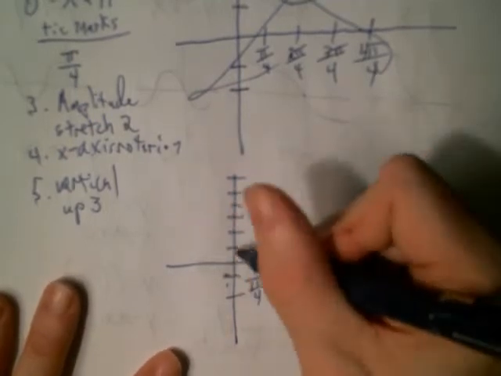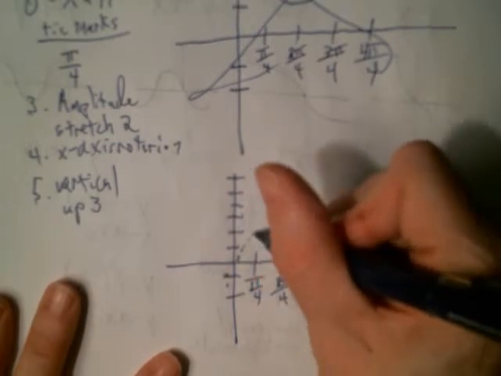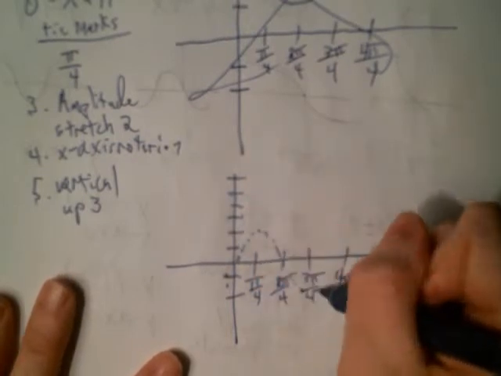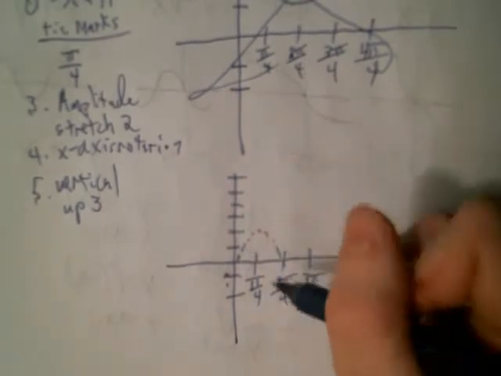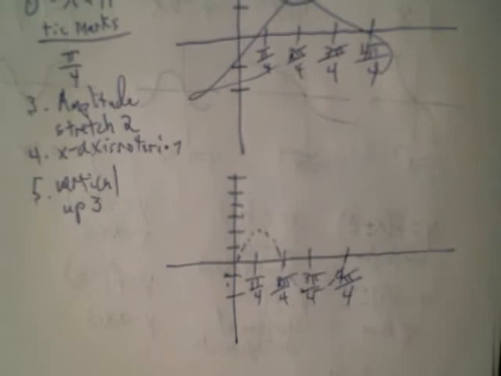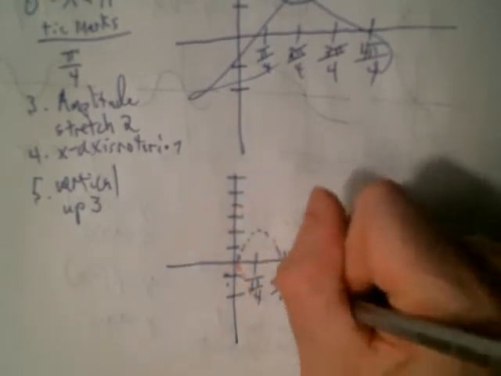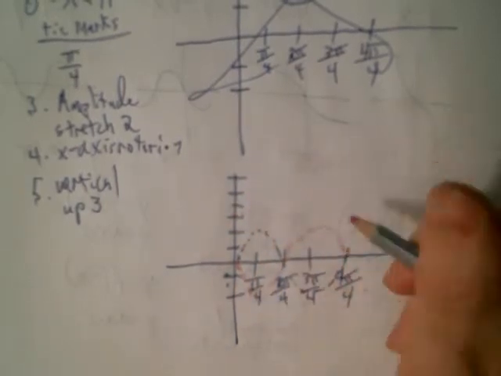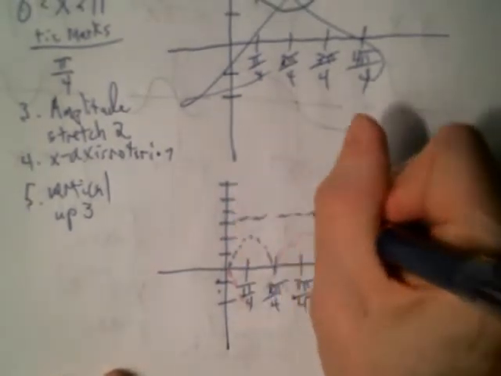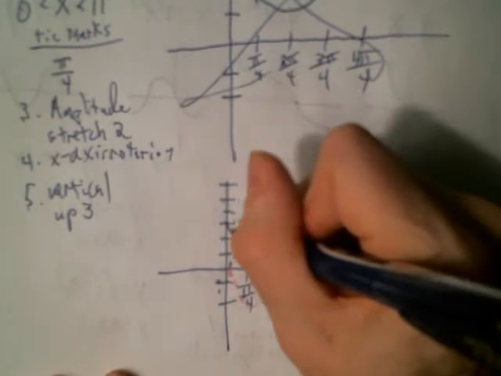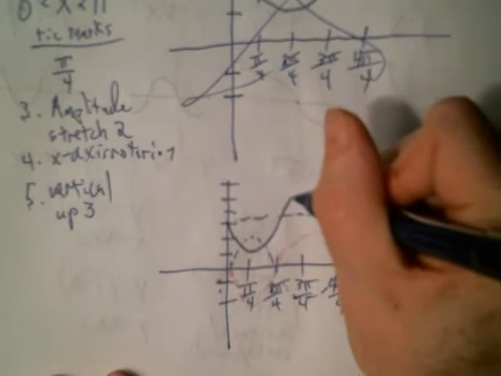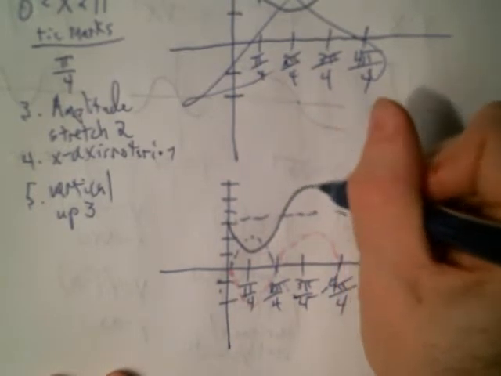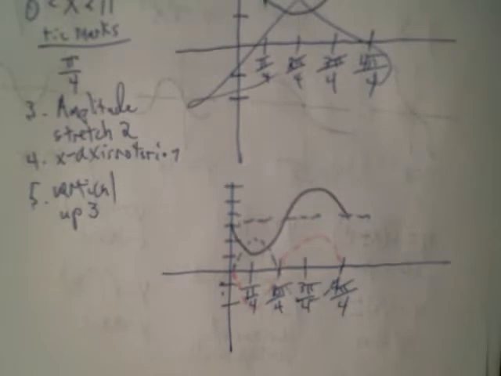The original graph, kind of just dash it in there. It's like that. Then we stretch it, and then I need to flip it. So the flipped version will be right here. And then I need to move it up by 3. So I'll have a new center right there. And I'll go down like this, and then back up, and then back down. Okay, there it is. Sorry about that.